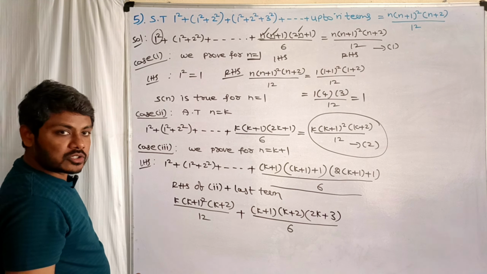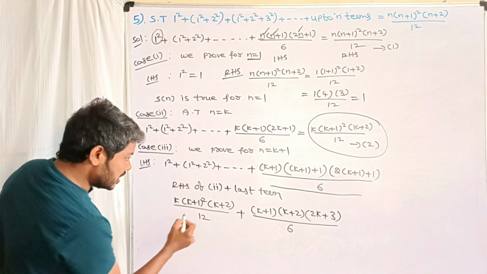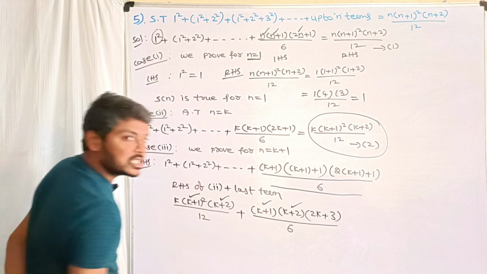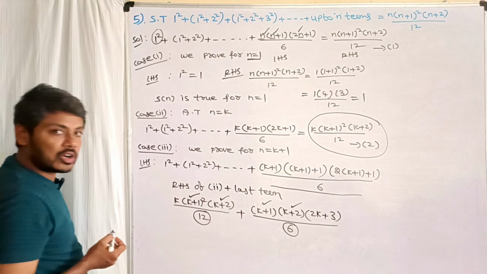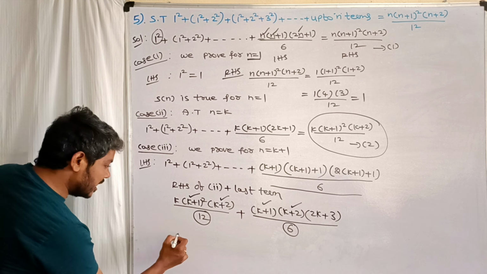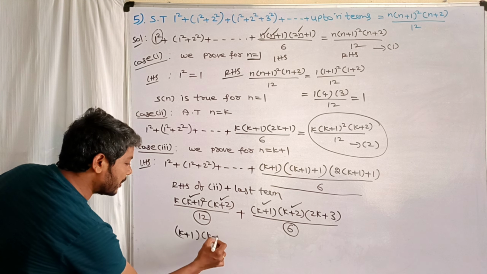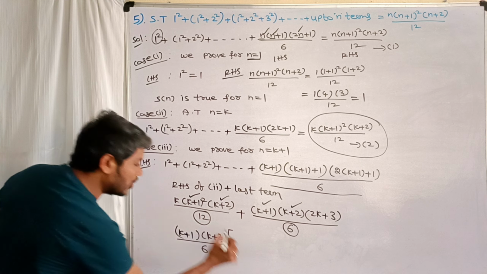which is divided by 6. So clearly, once you observe here, which terms are common? See here, (k plus 1), (k plus 2), (k plus 1), (k plus 2), and 6 is also common. So clearly here, (k plus 1) into (k plus 2) divided by 6 is common.